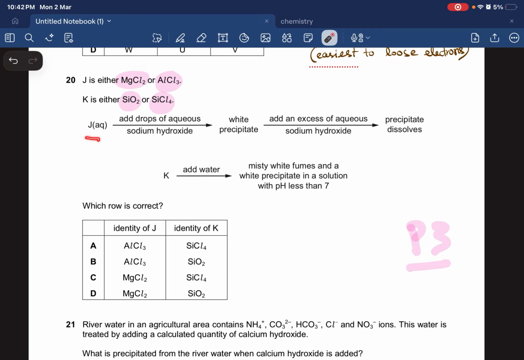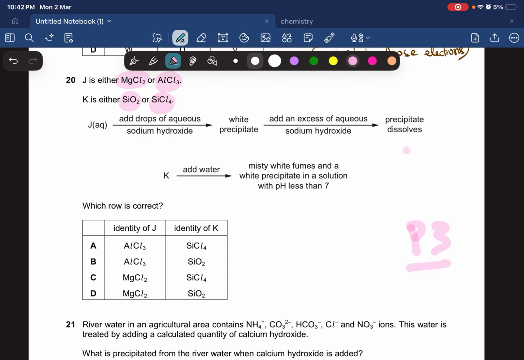Okay, J. Add aqueous sodium hydroxide, you form white precipitates. Add an excess of aqueous sodium hydroxide, the precipitate dissolves. So we're dealing with aluminum 3 plus, because in sodium hydroxide, aluminum precipitates dissolve. So I guess it's aluminum.